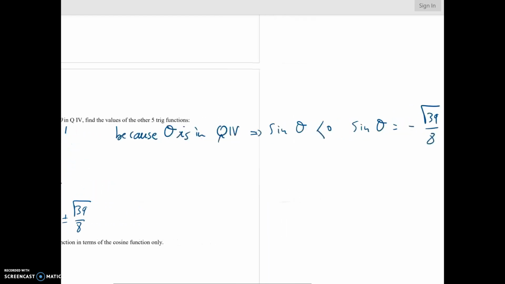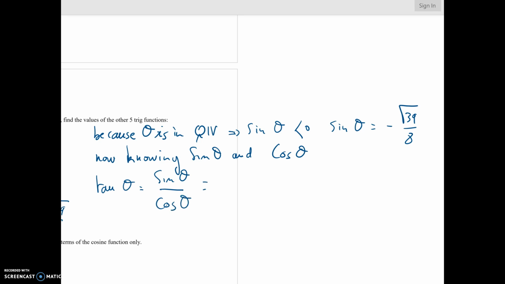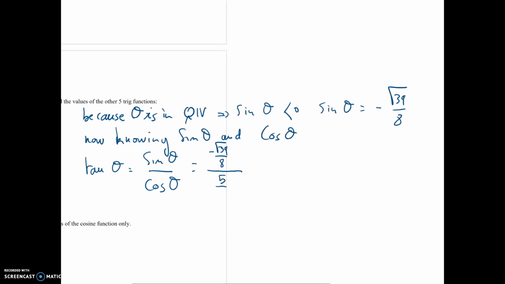Knowing the value of the sine now, and knowing the value of the cosine, I think it's pretty easy now. Knowing the value of sine theta and the value of cosine theta, I can easily calculate the expression of tangent theta, which is sine theta over cosine theta, which gives me negative square root of 39 divided by 8 over 5 divided by 8.